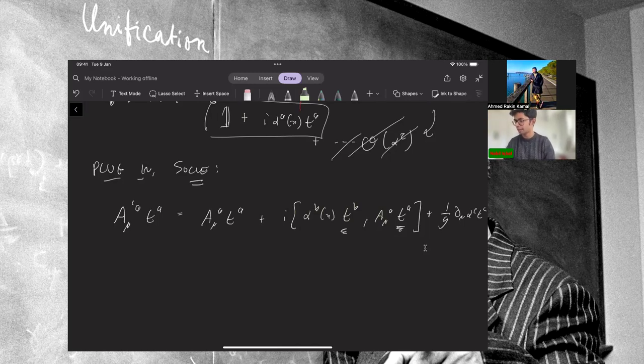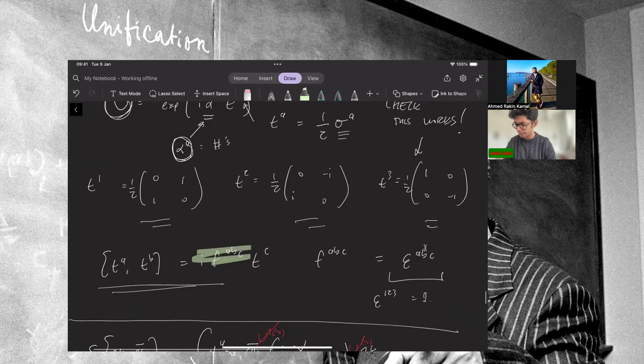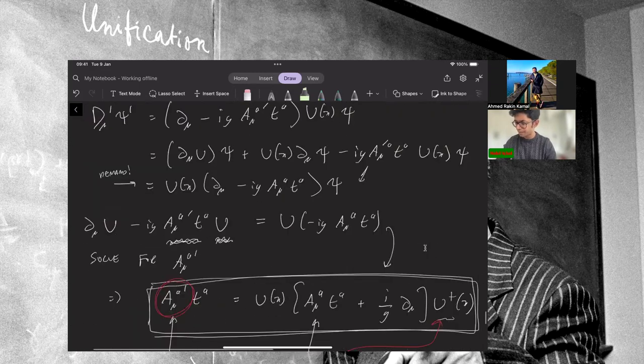All right. And then remember, we have a formula for the commutator of the t's. This formula right here. So we can use that and then do some more work.